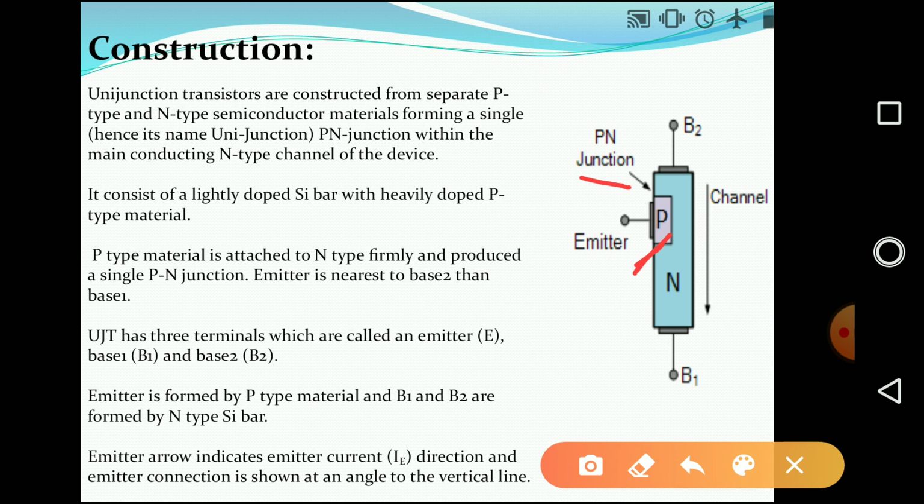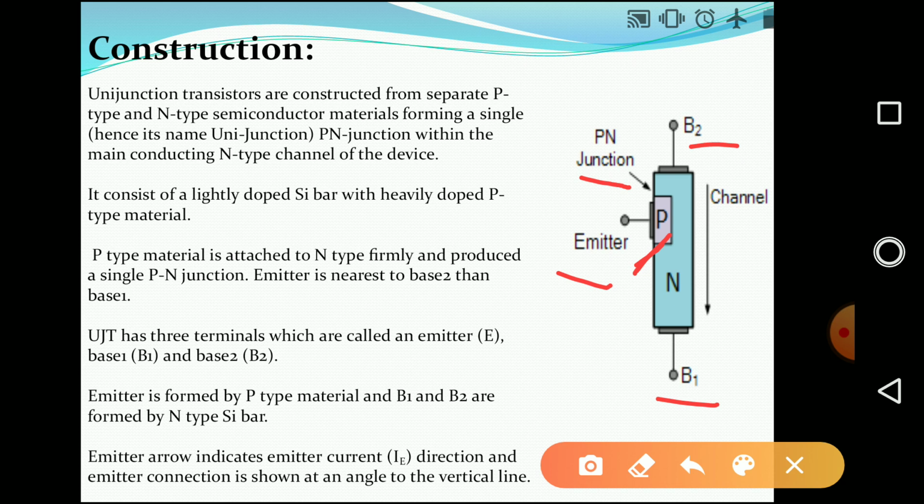So in construction we can observe the formation of a single junction. So the device is called a uni-junction, that is single-junction, transistor, and it is named a transistor because it has 3 terminals B1, B2 and emitter. In the layer diagram also we can observe that the emitter terminal is near the base B2 terminal.